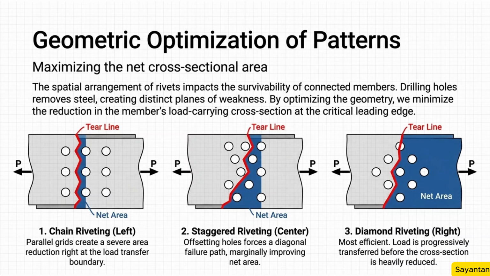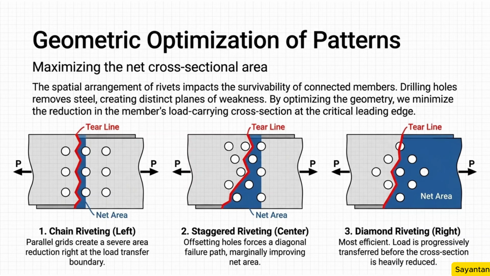However, this creates a severe linear reduction in plate area directly along the first transverse row, maximizing critical stress concentration. Staggered riveting offsets adjacent rows, forcing potential failure along an inclined diagonal tear path, which increases the path length and marginally improves the net tensile capacity.